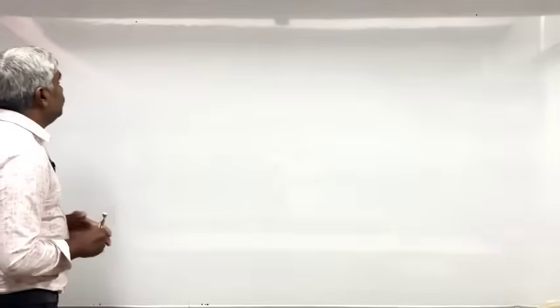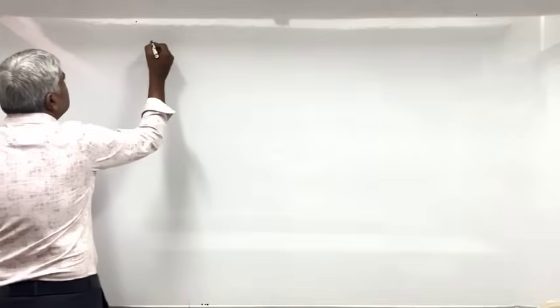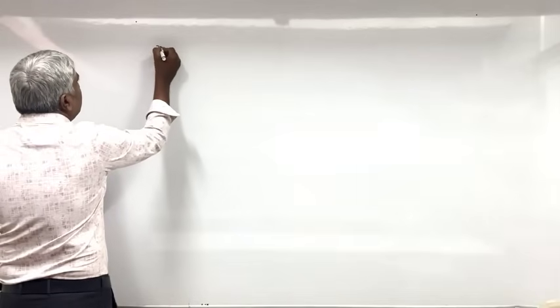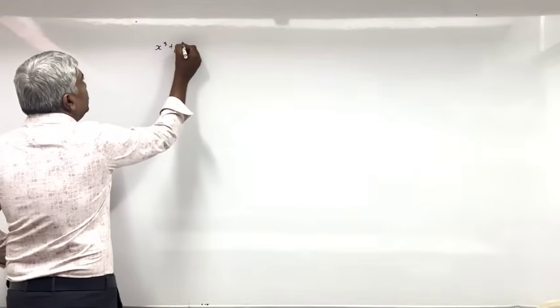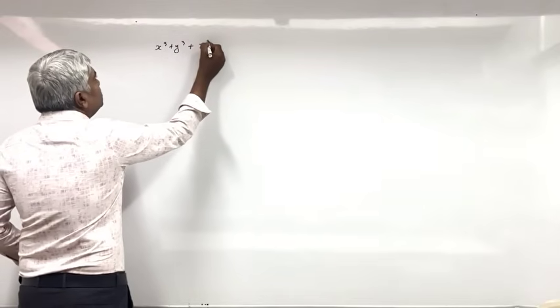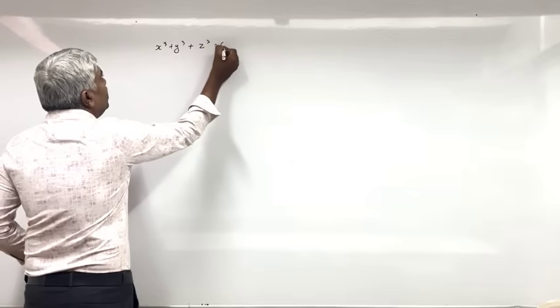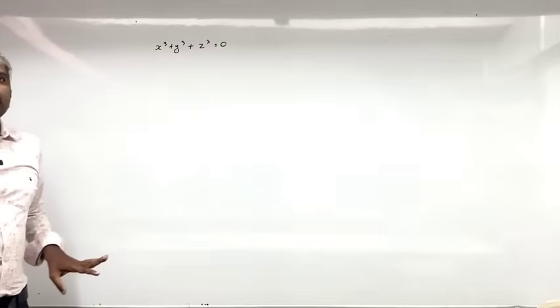Now we look into the basics. Okay. x cube plus y cube plus z cube equal to 0. Right? So this is the data given to us.